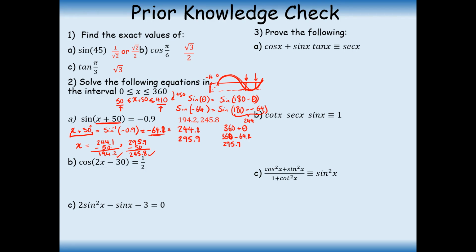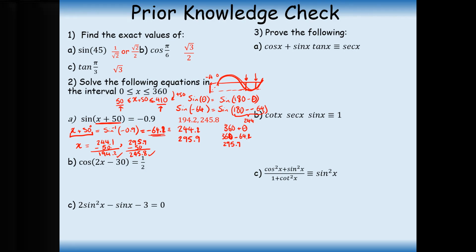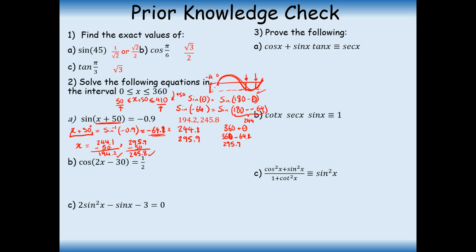The first answer was negative, and we had to adjust it. The trigonometric identity for sine is this, and the other one, obviously, is that you can always add 360 to your answer and subtract 360 from your answer to adjust the range.